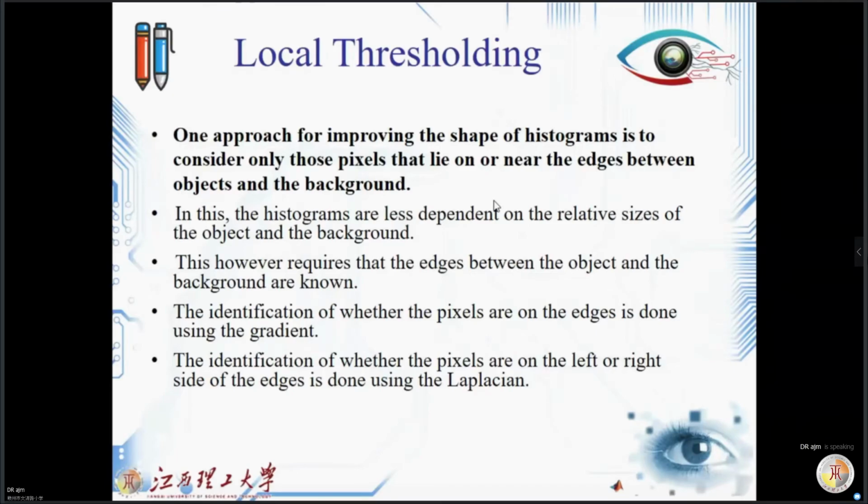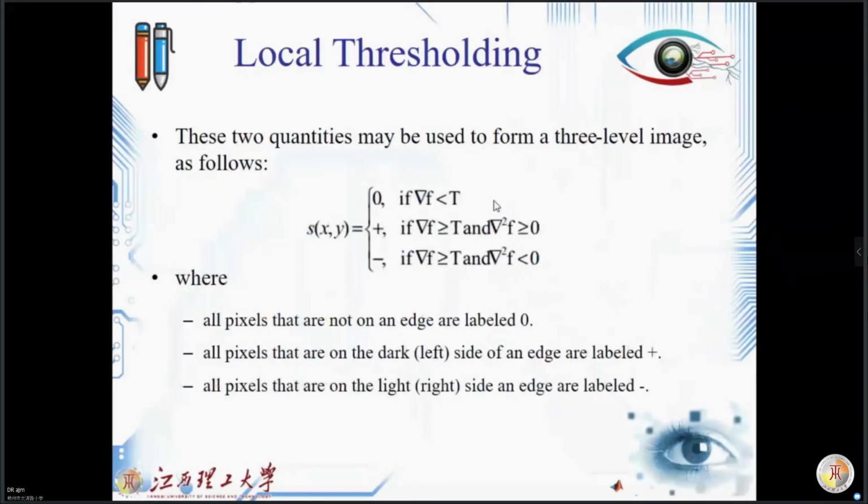The identification of whether pixels are on the edge is done by using the gradient, and the identification of whether pixels are on the left or right side of the edge is done by the Laplacian. So we have a combination of gradient and Laplacian to find the local threshold. These two quantities may be used to form a three-level image: 0, minus, and plus.